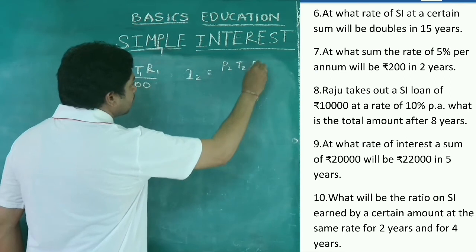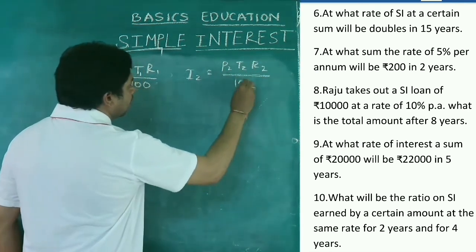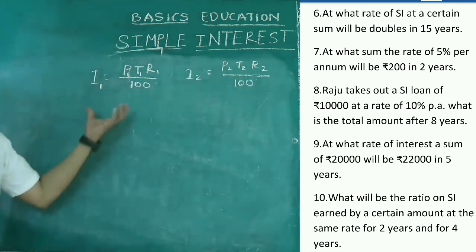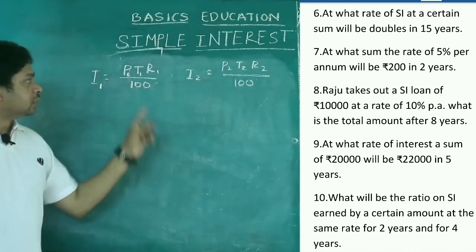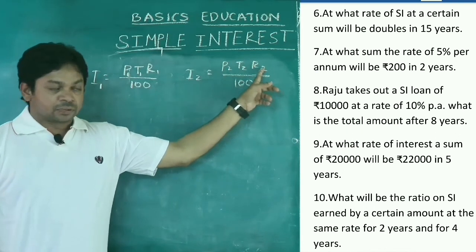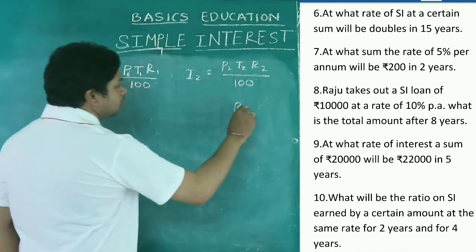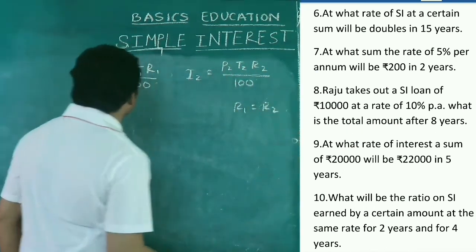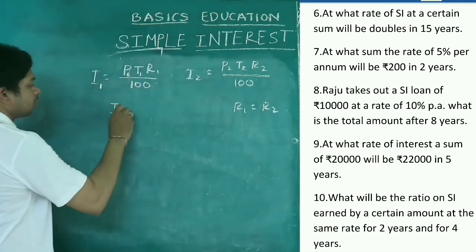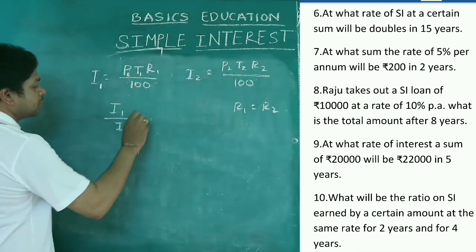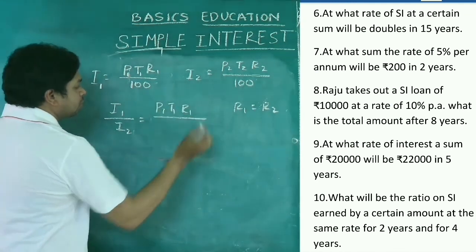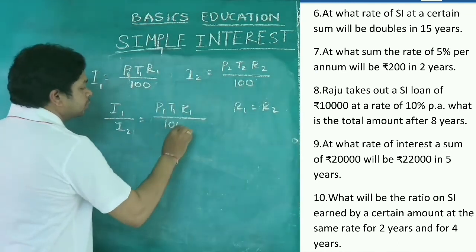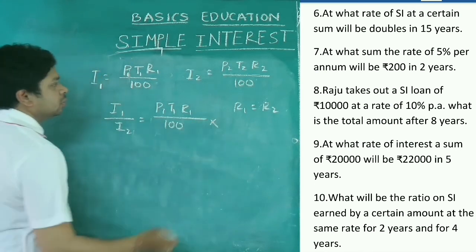Okay, we have to know. But from the data we know that the rate of interest is the same, that is R1 equal to R2. So I1 by I2 is equal to P1, T1, R1 by 100 into 100 by P2, T2, R2.